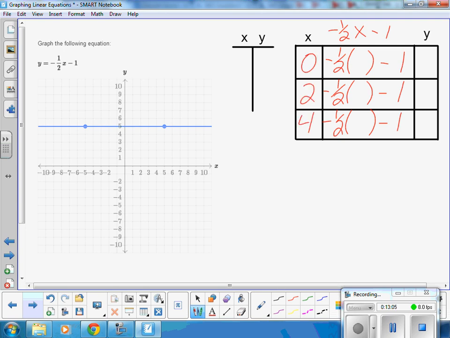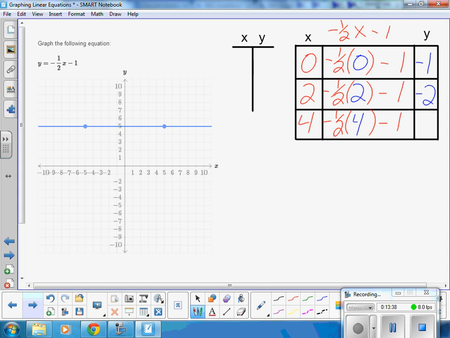You can use any point you want as long as it gives you a result that fits in the graph. So when we substitute the 0 in here, -1/2 times 0 is 0, minus 1 is -1. When I substitute a 2 in, -1/2 times 2 is -1, minus 1 is -2. And when I put 4 in here, half of 4 is 2. It's negative because you're multiplying by a negative.